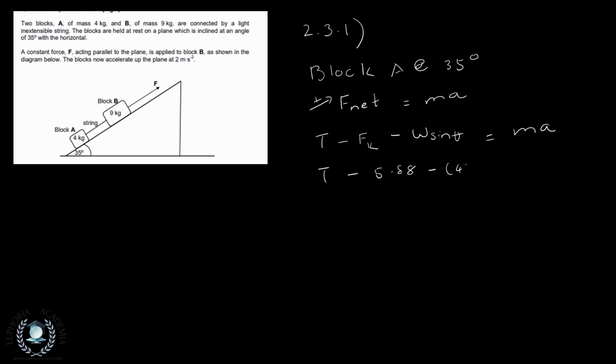We have 4 times 9.8, multiplied by sine 35, which is equal to our mass of 4 multiplied by our acceleration of 2. Now doing some algebra, we'll find that our T is actually equal to 36.36 newtons. Right, let's move on to the next question.